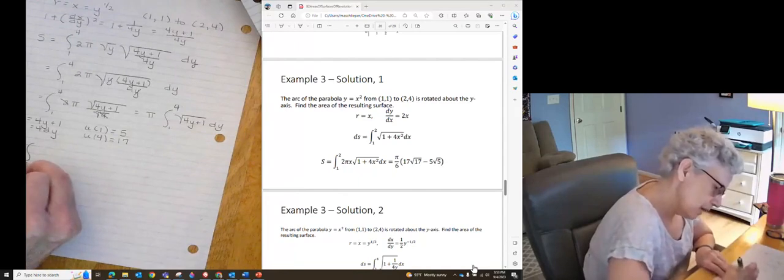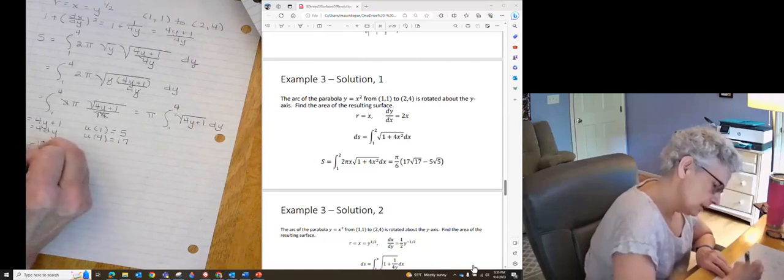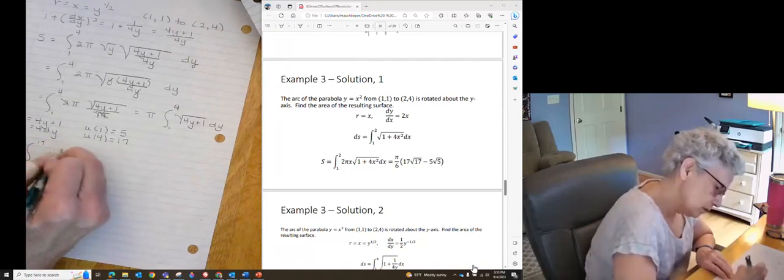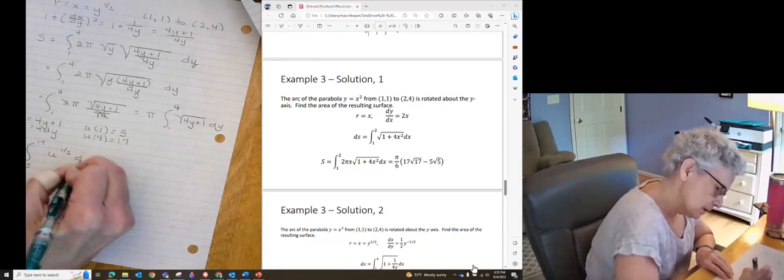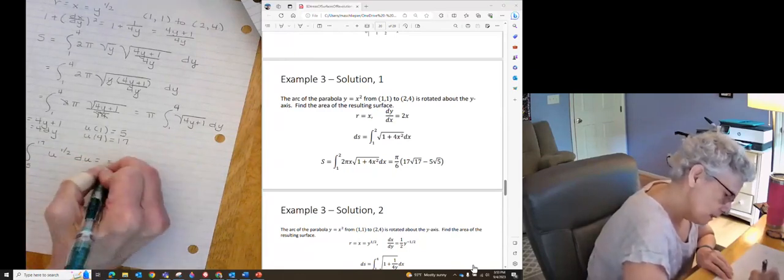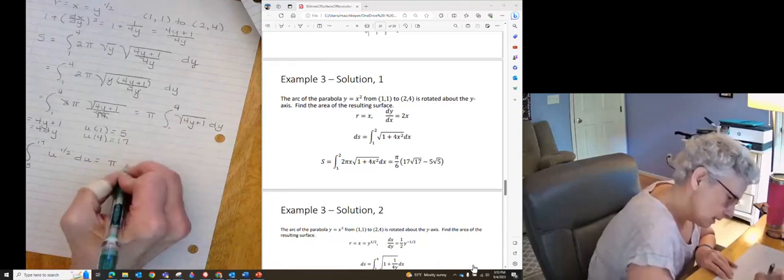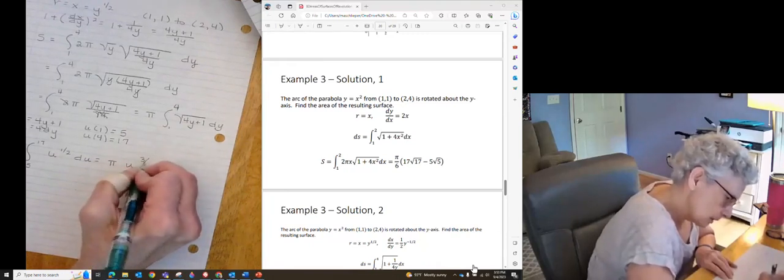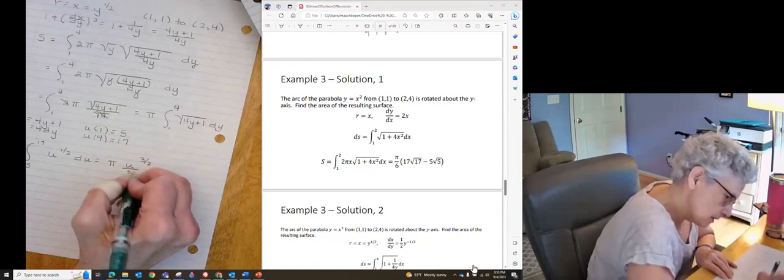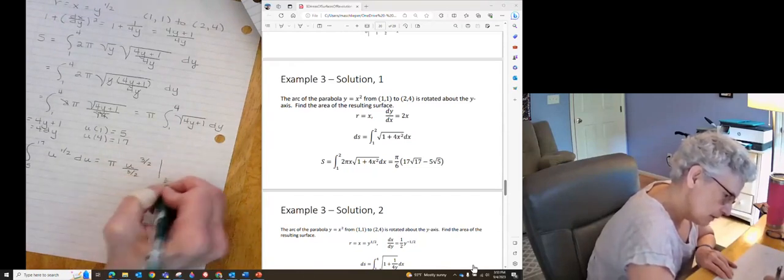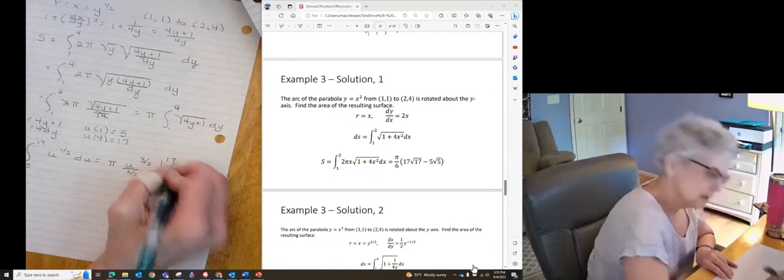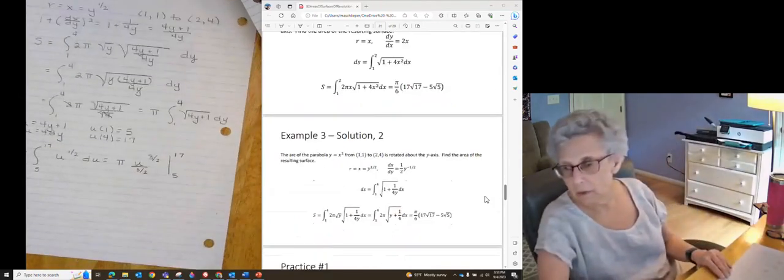So we have pi evaluated from 5 to 17 of u to the 1/2 du, which is pi times u to the 3/2 over 3/2 evaluated from 5 to 17.